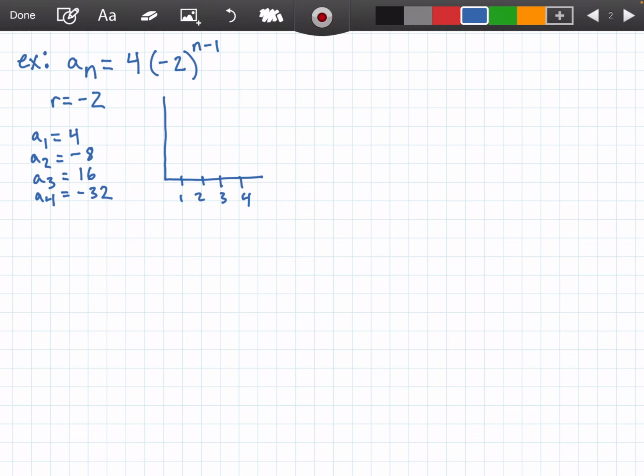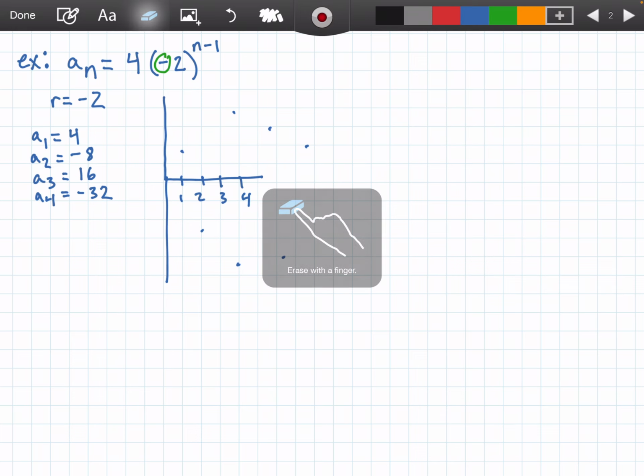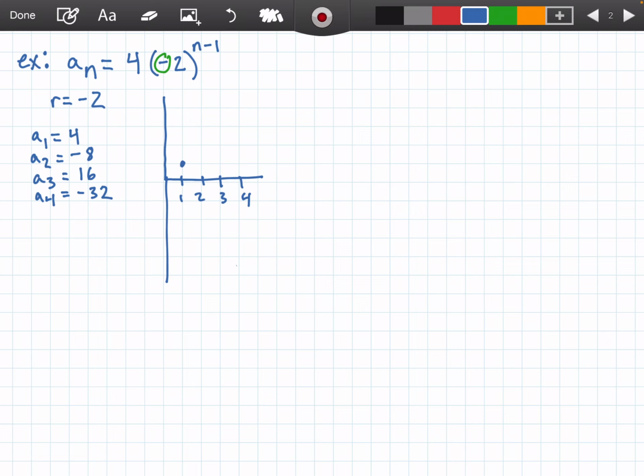We call this alternating, and it's alternating because of this negative. So essentially, you'd be graphing going like this. Well, that was a bad illustration. But it'd be like here, then there, then here, then there, then here, then down here.